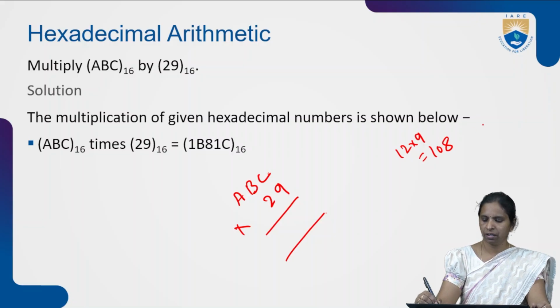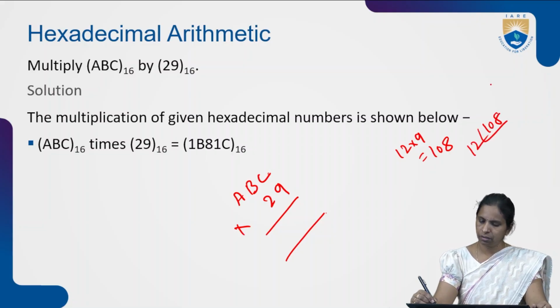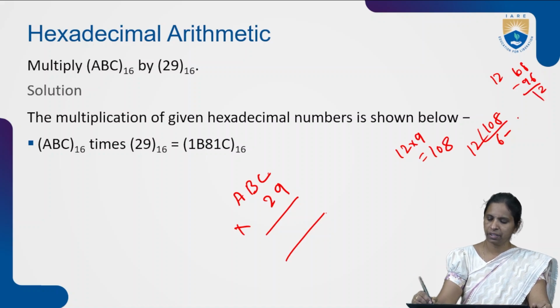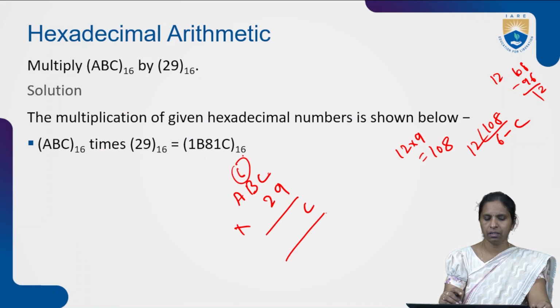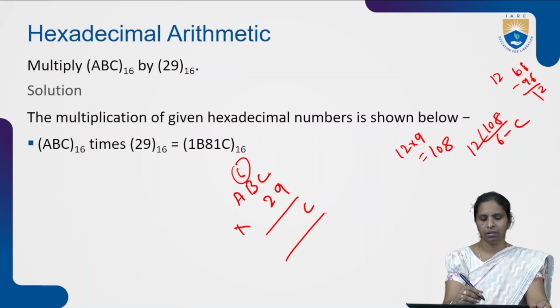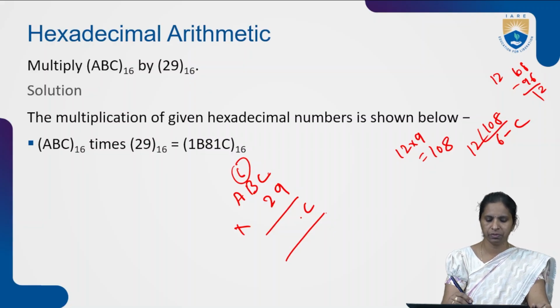So 108 can be represented in hexadecimal as what? 12 6s are 96, and 108 minus 96 is equal to 12. 12 is nothing but C. So C, and 6 is the carry. Like the way you perform the multiplication operation in decimal numbers, you can perform the multiplication operation in hexadecimal numbers also. Therefore, if you do that, the answer you are going to get is 1BA1C.